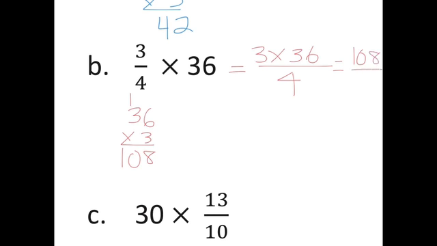So now we've got 108 over 4. And now we need to remember that this also means 108 divided by 4. So in green, we do a little long division to figure out if 4 can go into 108 evenly. 4 cannot go into 1, but 4 can go into 10 2 times, because 2 times 4 is 8.